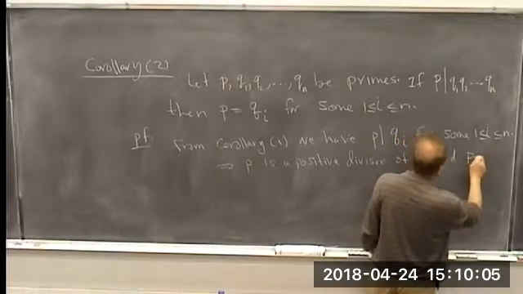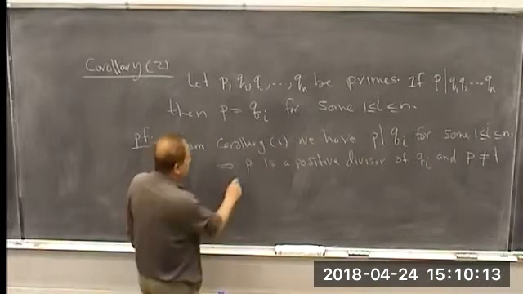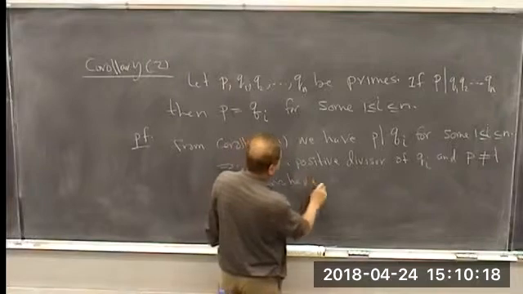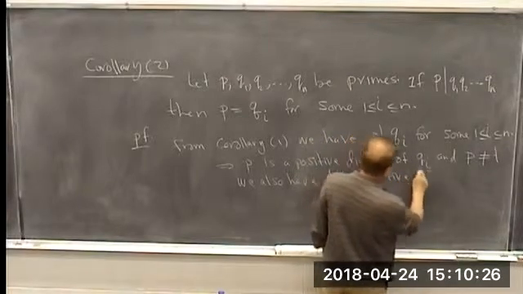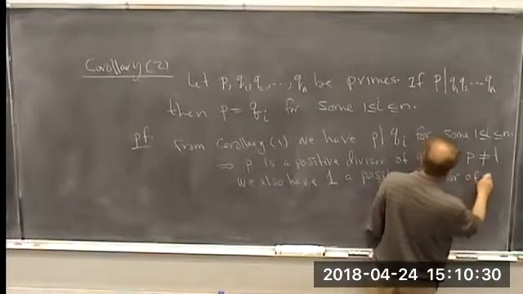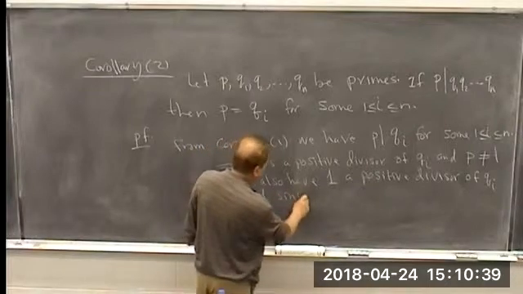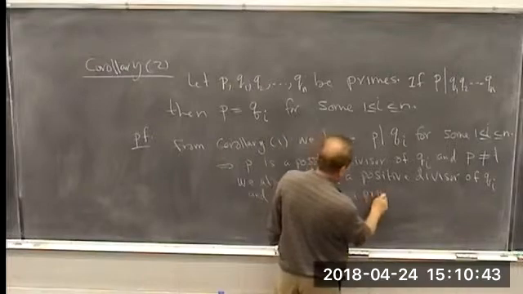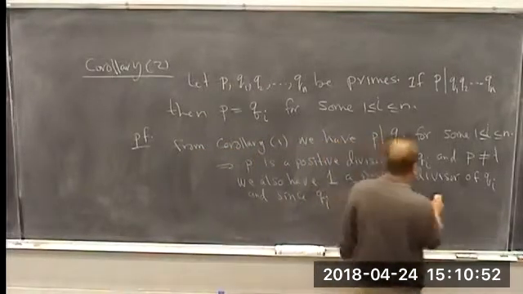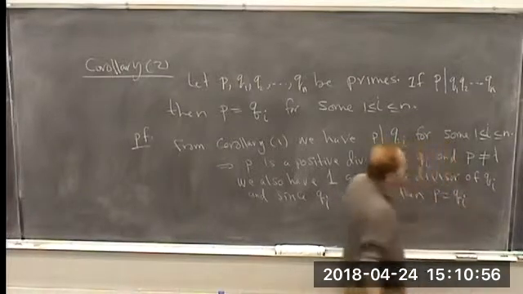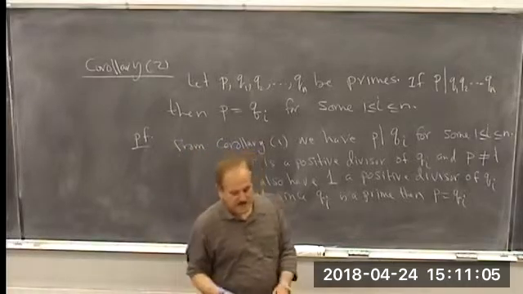And of course, P does not equal 1. We also have 1 as a positive divisor of Qi, and since Qi is a prime itself, the only way this could happen is that P must equal Qi, because a prime has only those two divisors, so it must equal.